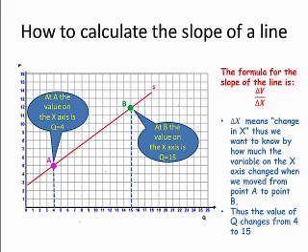Thus the value of Q changes from 4 to 15. Change in x is equal to 15 minus 4, which is equal to 11. Quantity increases by 11.